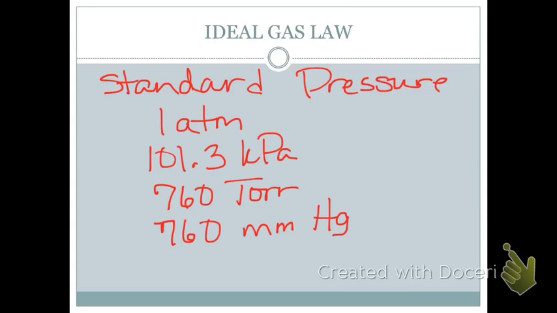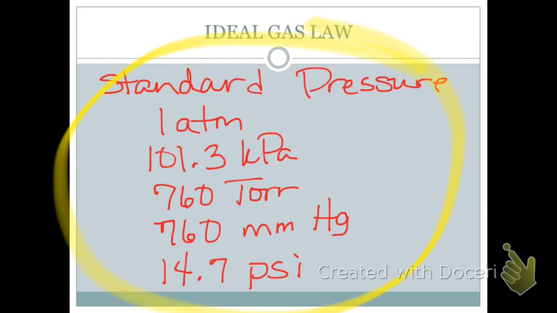And it can be, for our purposes, in pounds per square inch, when it's 14.7 psi. Again, make sure that you know these. All right, and again, write them down if you don't have them with you. Otherwise, you should have them somewhere beside you. Okay, so these are things that you need to know.